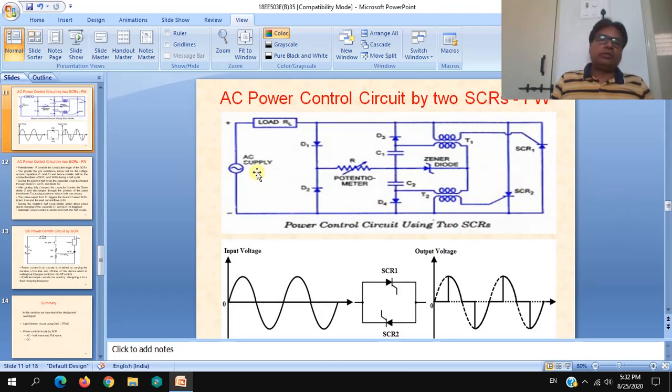So even when the supply is switched on, actual load voltage and current flows from load via the SCRs, SCR1 and SCR2, but nothing will happen unless these SCRs are triggered from their gate circuits.